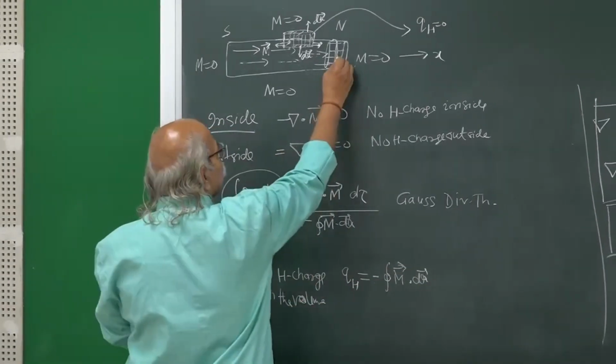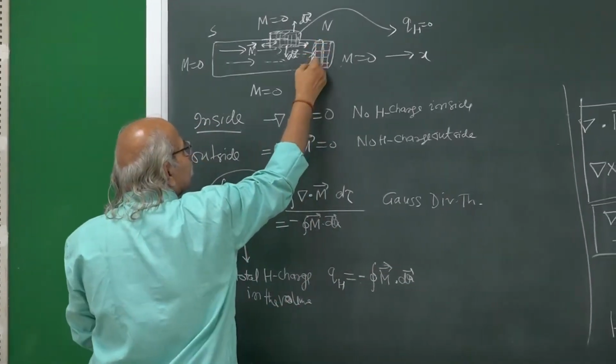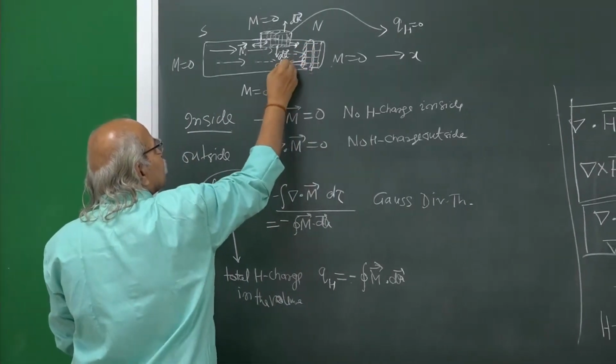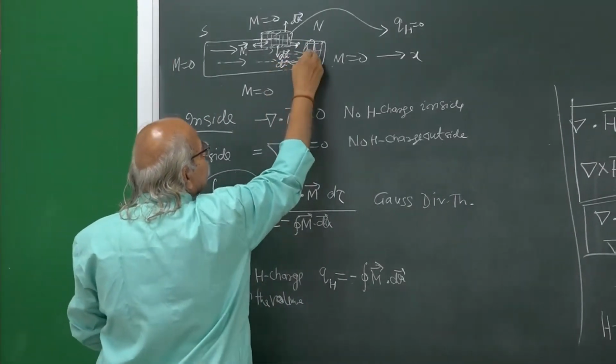So, here if you do, then this surface, look at this surface, here is dA, and magnetization is this way.